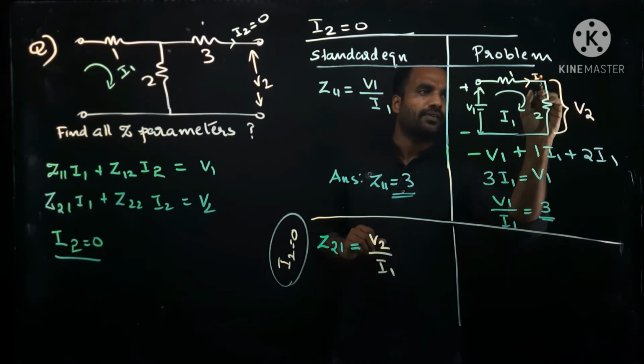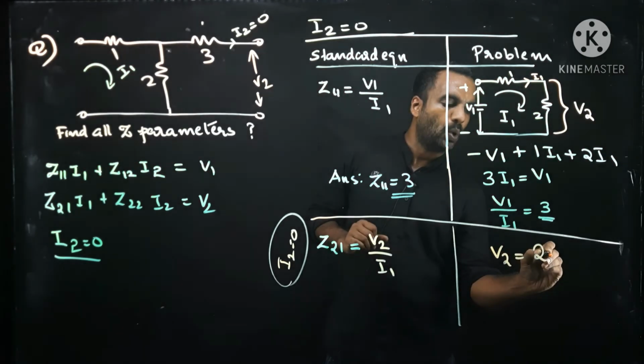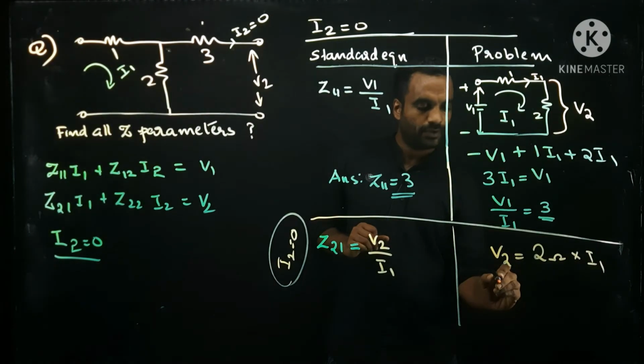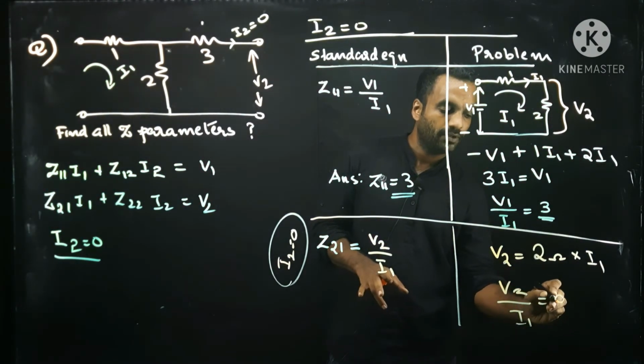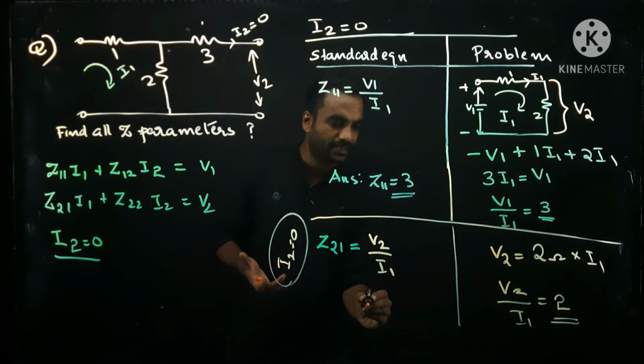This is the current I1, and that current I1 passing through the 2 ohm resistor will create V2. So V2 is equal to 2 ohm into I1. We want V2 by I1. V2 by I1 is equal to 2. Very simple. So what is the answer?